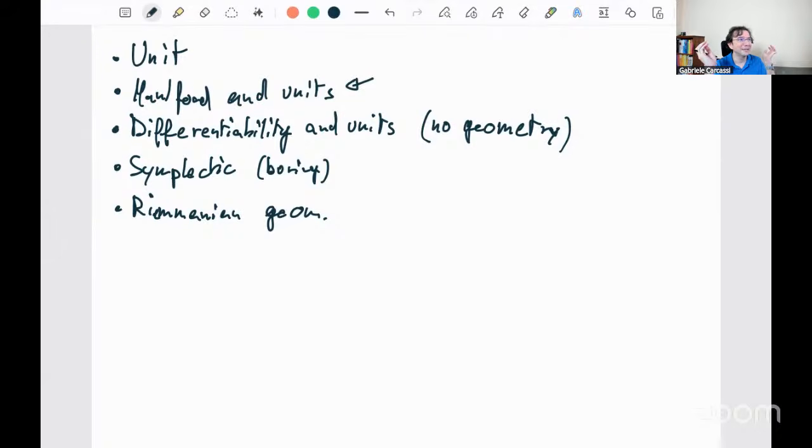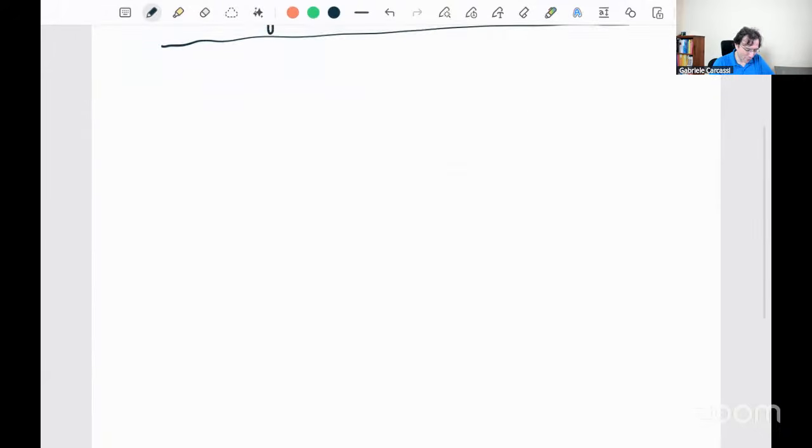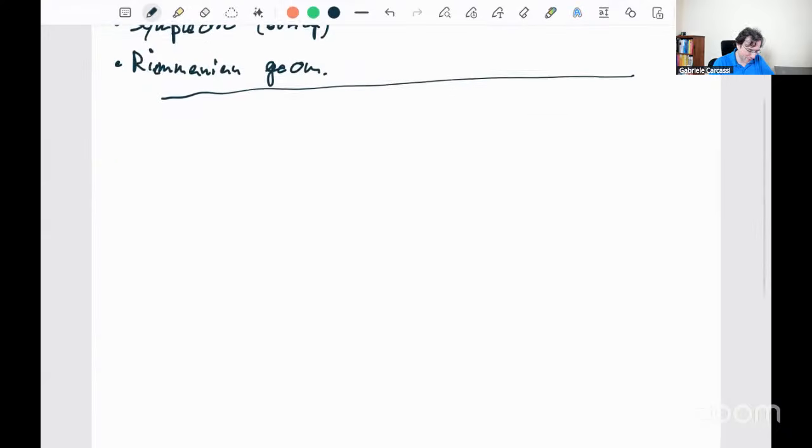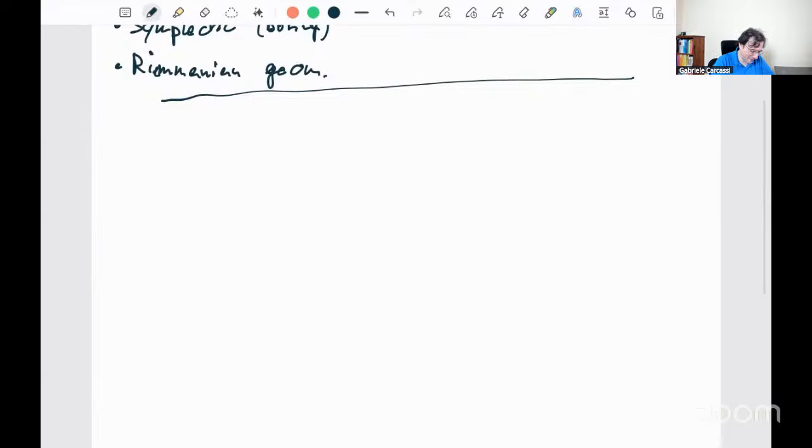Okay, so if this is the general picture, let's drill down in any of these pieces and see what we get. For the notion of units, let's make this example.